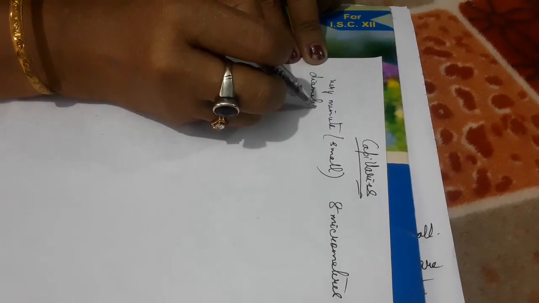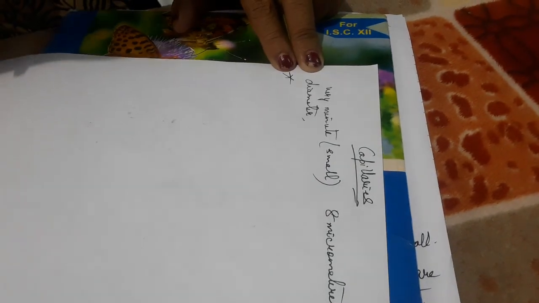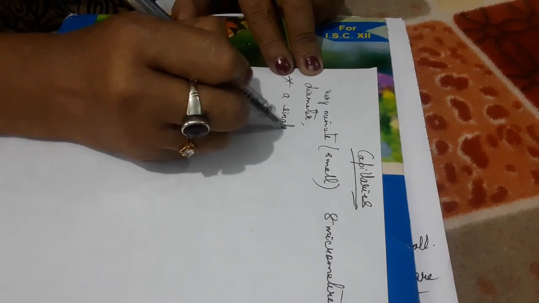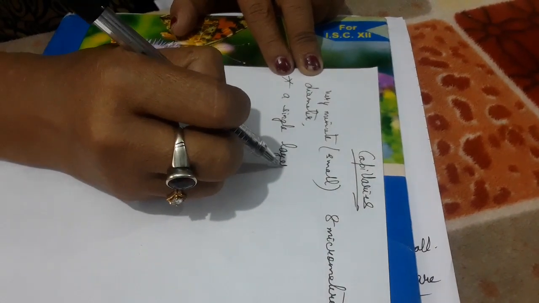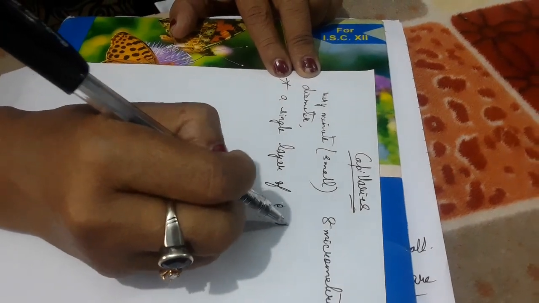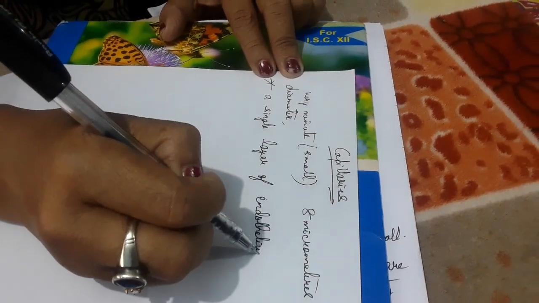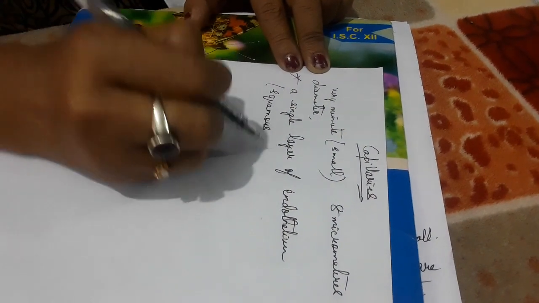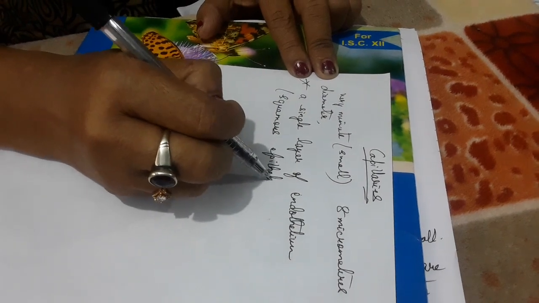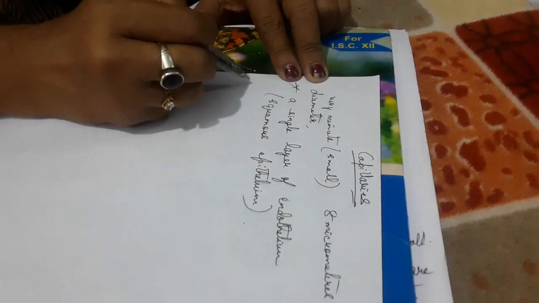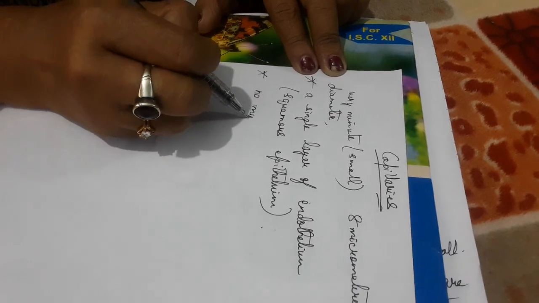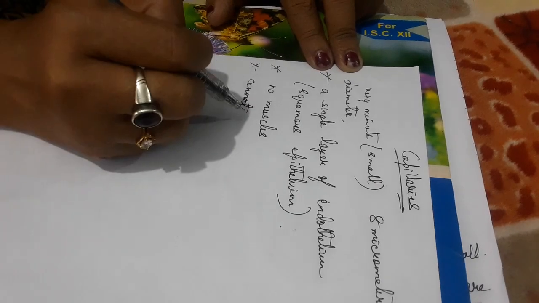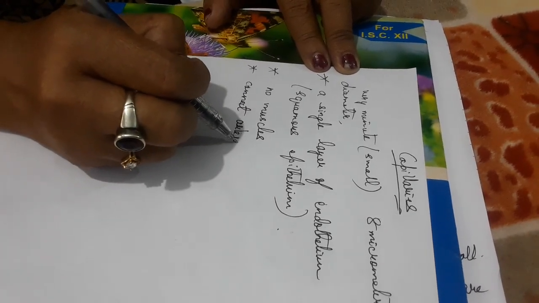Another characteristic feature is that they are made up of only a single layer of endothelial cells, that is squamous epithelium. These capillaries do not have any muscles. They help to connect arteries and veins.